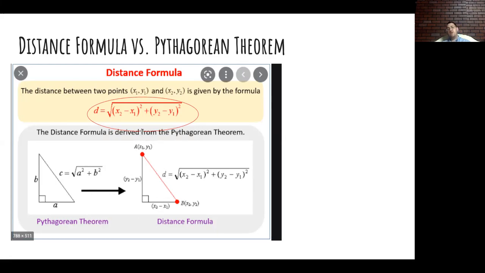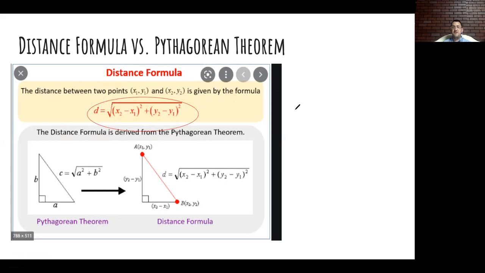If you are a nerd like me and you want to know where the distance formula is coming from and how it relates to the Pythagorean theorem, this is a really fascinating discussion down here. I'll keep it pretty simple for you.